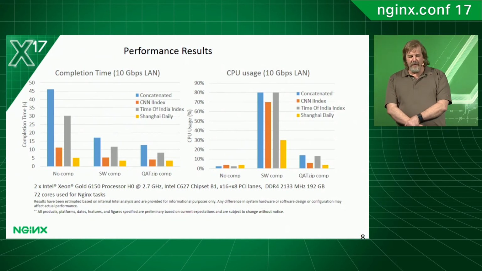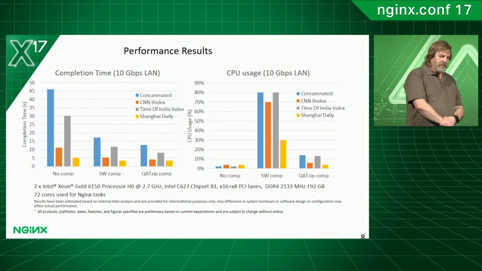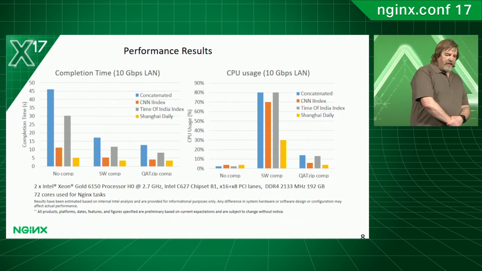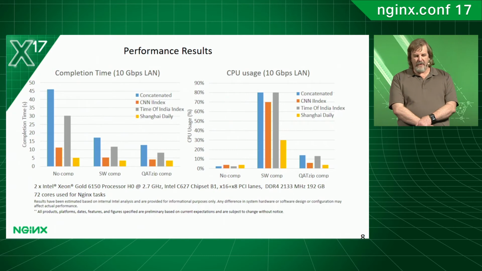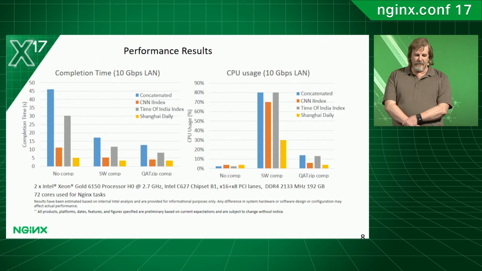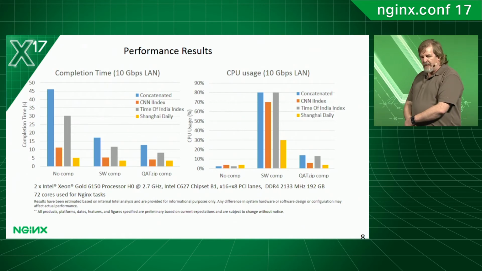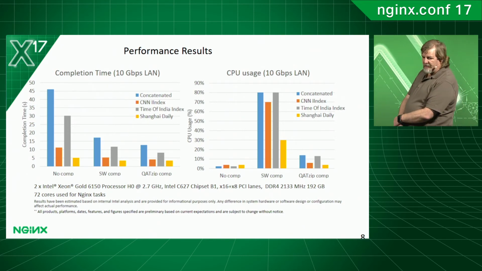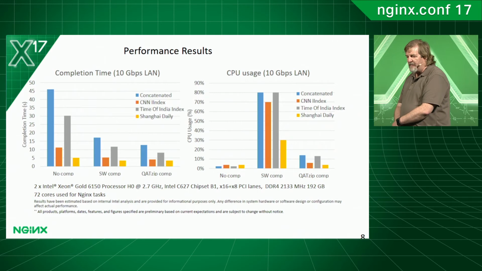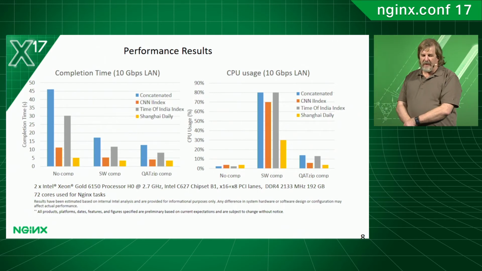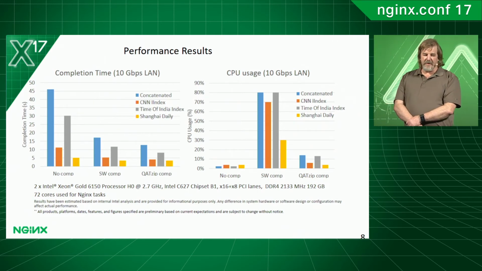And it doesn't matter really what the size of the jobs was. If you look at the Shanghai Daily, the throughput times, the job completion times, were just about the same. But the CPU cost is not just about the same. It's a fairly significant difference, I think.